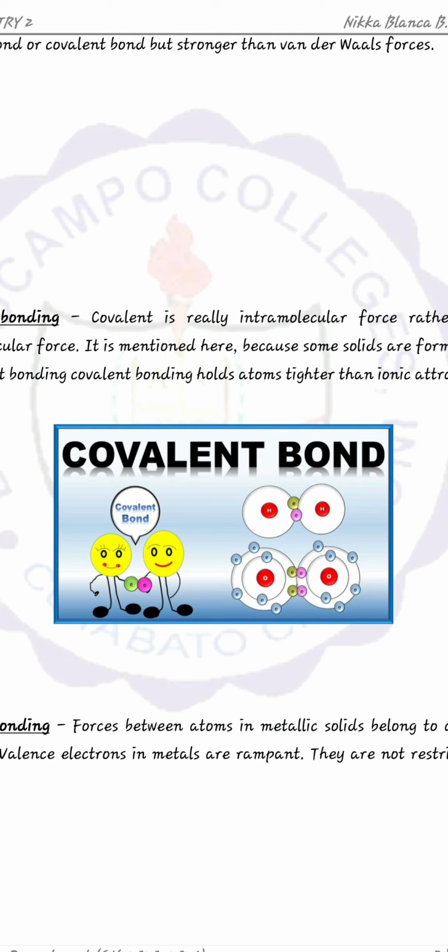Ionic attraction will depend on the lattice energy of each element, while covalent bond is the combination, mixing or binding of electrons in a certain element, sharing of electrons. That is covalent bond.